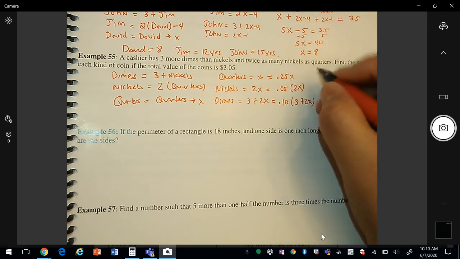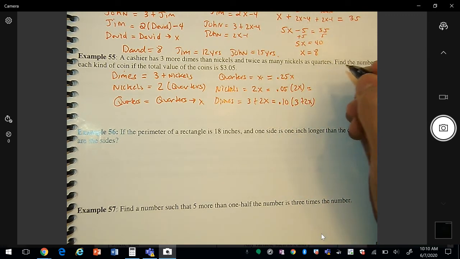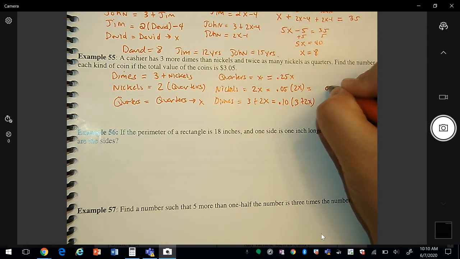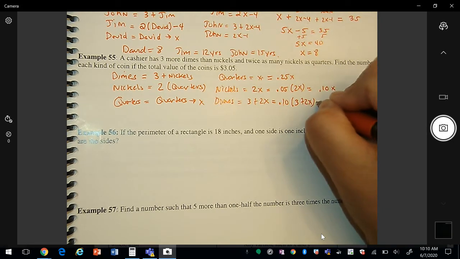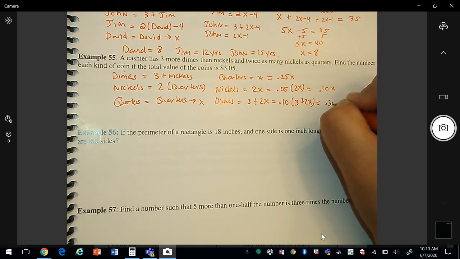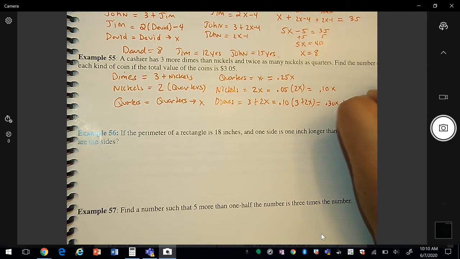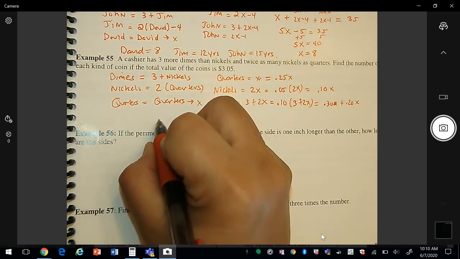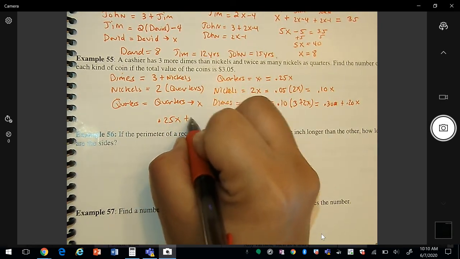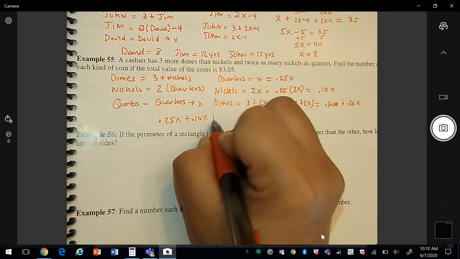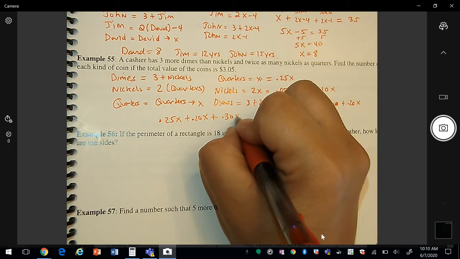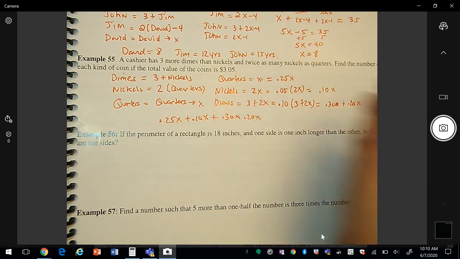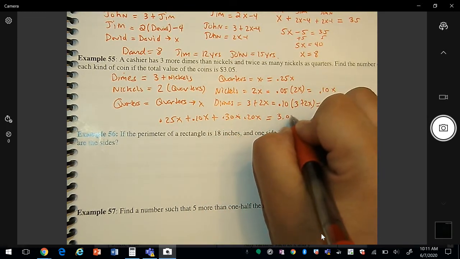So we have 0.25x, and then 0.10x, and this would be 0.30 plus 0.20x. If we add all of them, that should come out to $3.05.